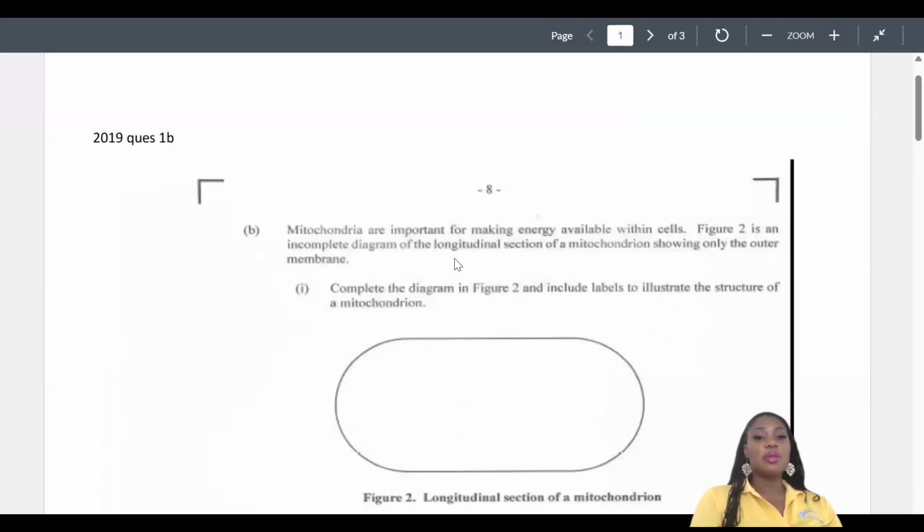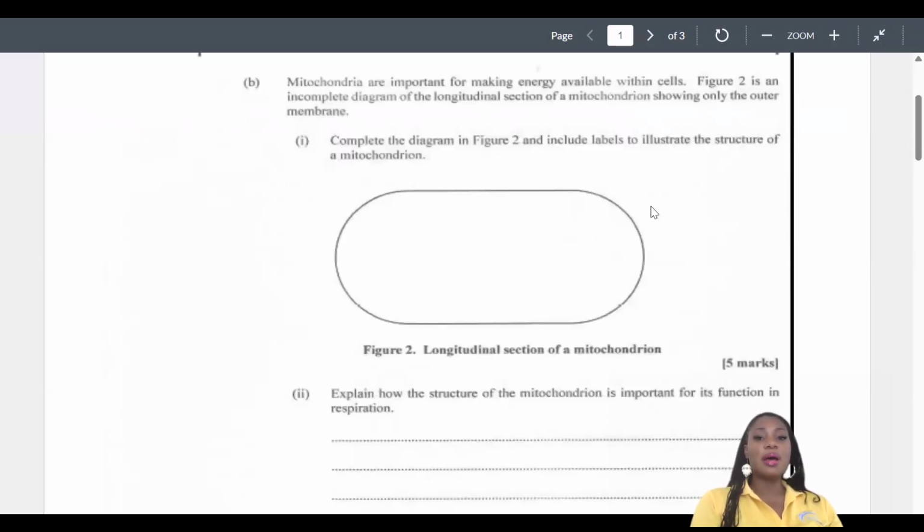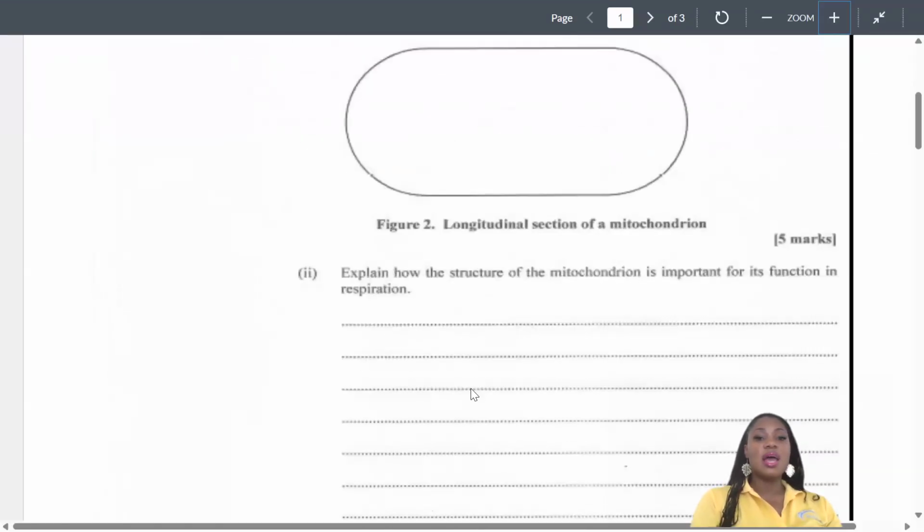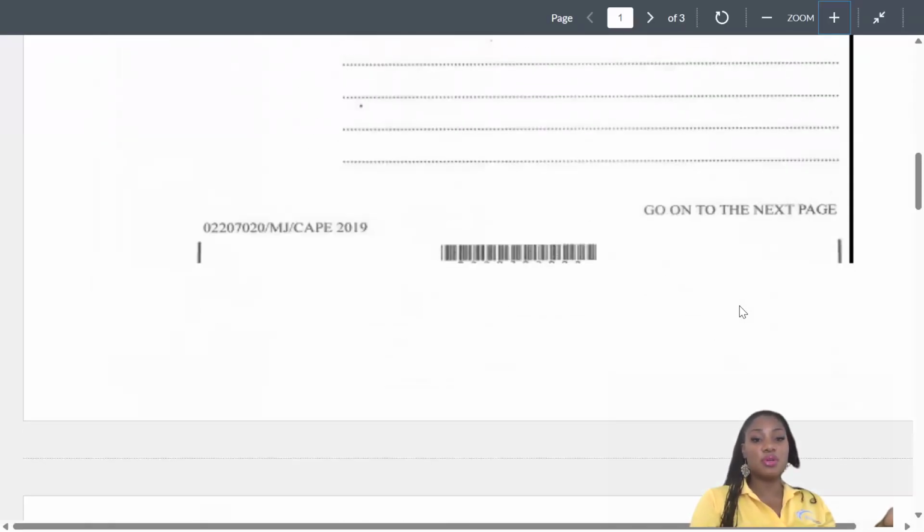Figure 2 is an incomplete diagram of the longitudinal section of the mitochondria, which only shows the outer membrane. Complete the diagram and include all the labels to illustrate the structure of the mitochondria. So basically, they only gave you the outer membrane, so they wanted you to draw everything else for 5 marks. Explain how the structure of the mitochondria is important for its function.